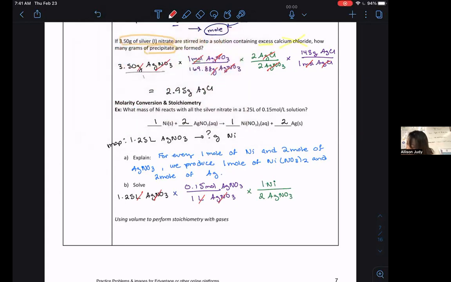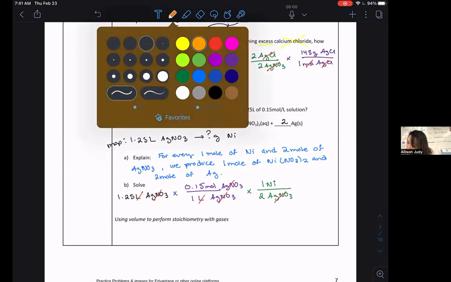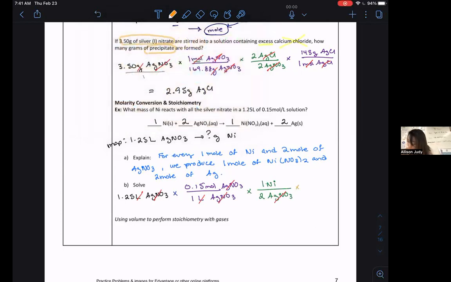So that leaves us with moles of nickel. Then my question wants me to report it in grams. For every 1 mole of nickel, there's 58.7 grams of nickel.